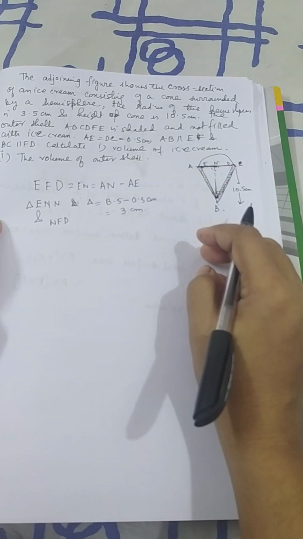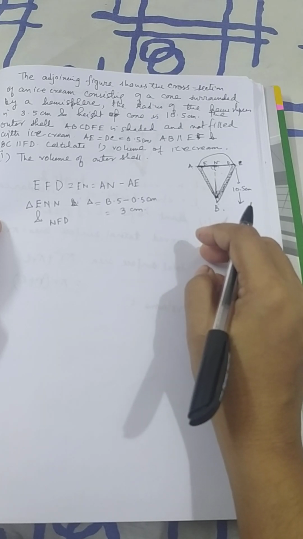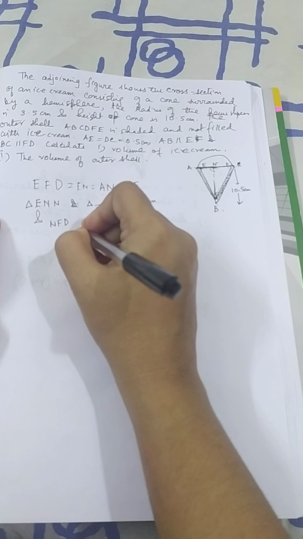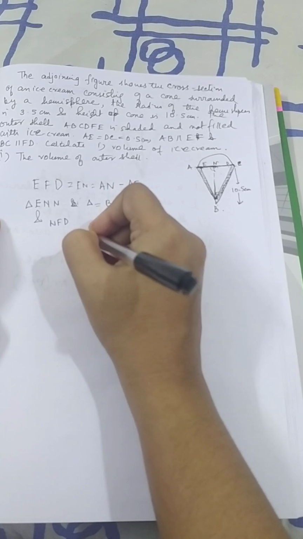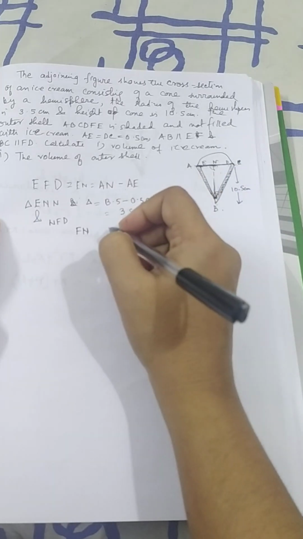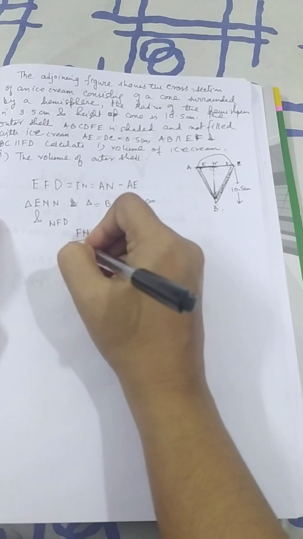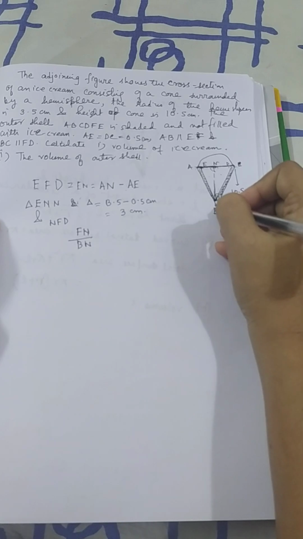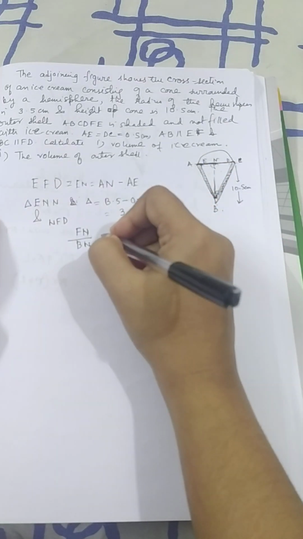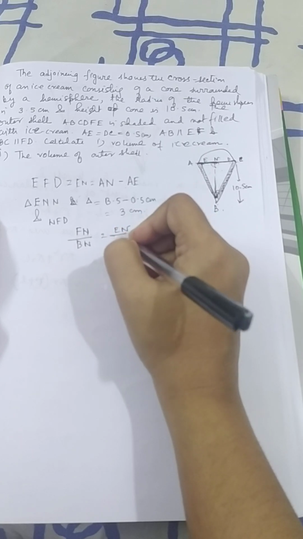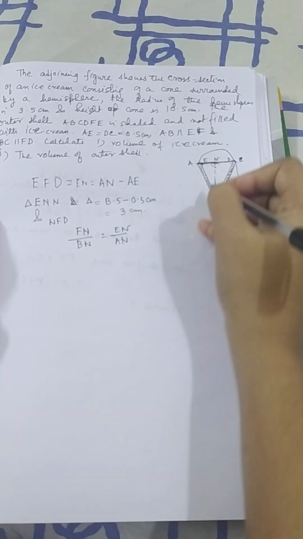So as these are congruent, we can easily say that FN, which is this height, by BN, that means the whole part, is equal to EN by AN.